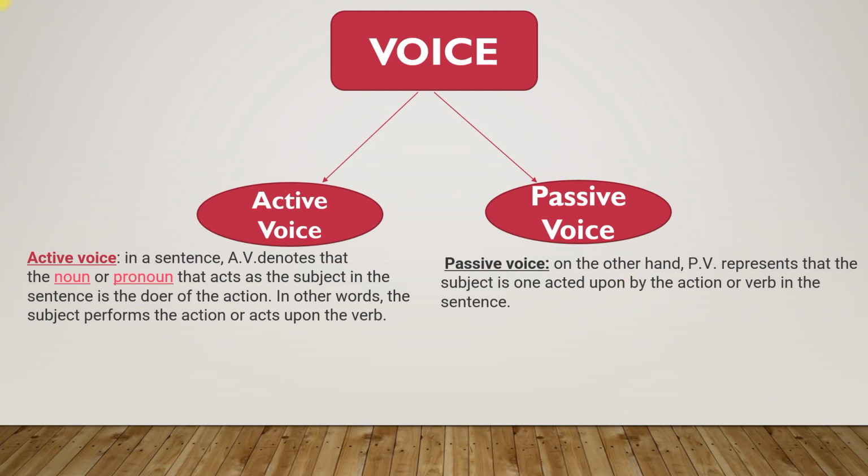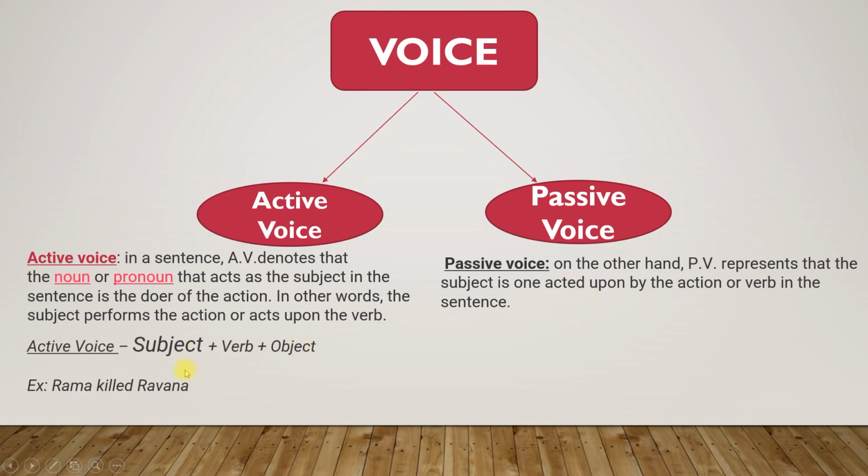That means passive voice gives importance to the object. The receiver of the action is called the object and the doer is called the subject. Active voice gives importance to the subject, passive voice gives importance to the object.